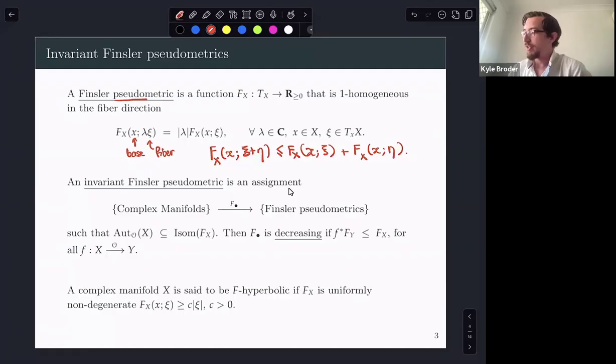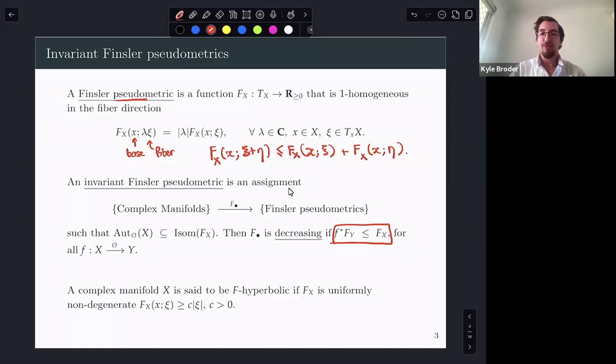Here you can see that when you write this type of criterion down, you don't want to define it on a fixed manifold. You want to think of it as something like a functor, which assigns to each manifold one of these Finsler pseudometrics. Then this describes a functorial property, where the morphisms are Lipschitz mappings, and holomorphic mappings are the obvious morphisms on complex manifolds.